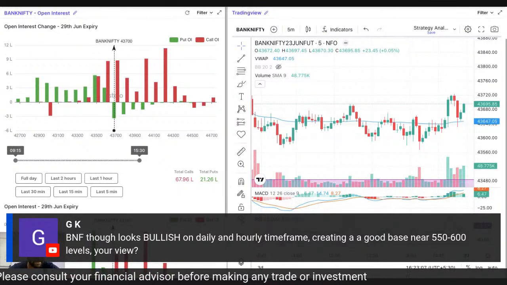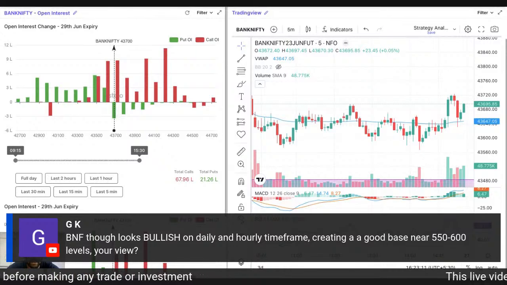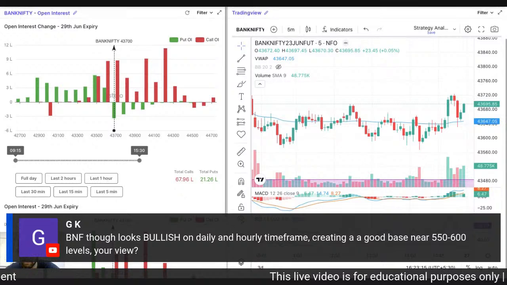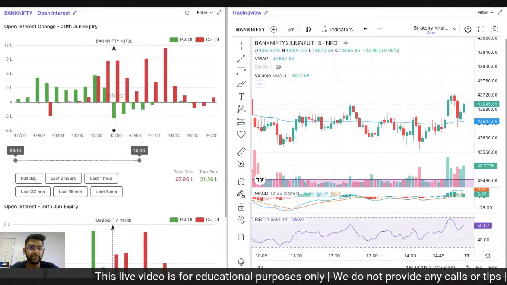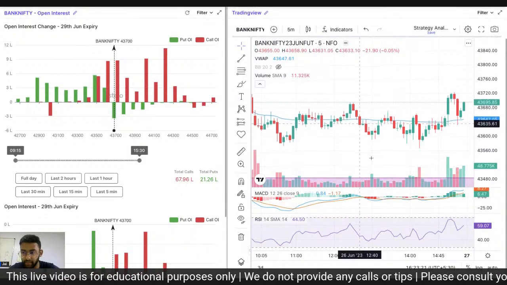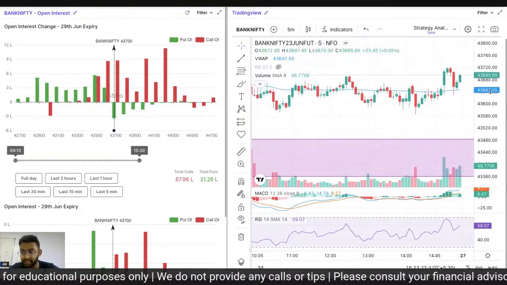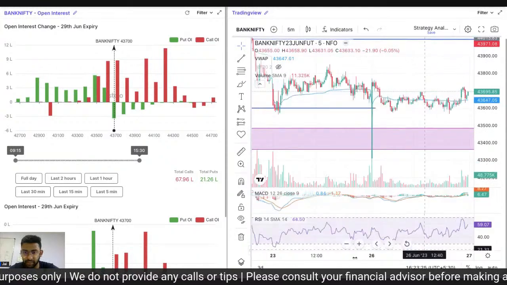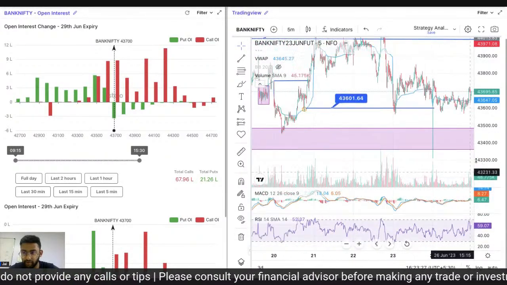I was just reading GK's comment. GK says BNF looks bullish on the daily and hourly time frame, creating a good base near 550, 600 levels. Your view? 550, yes, that is for sure, GK. That is one level we have been seeing for a long time.